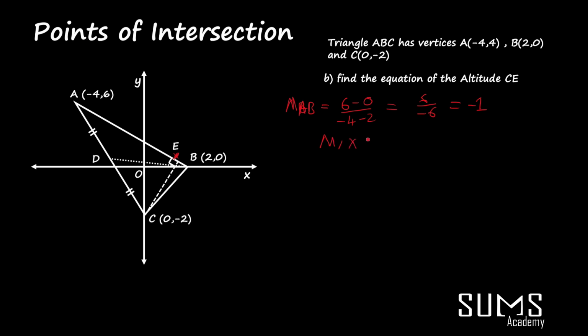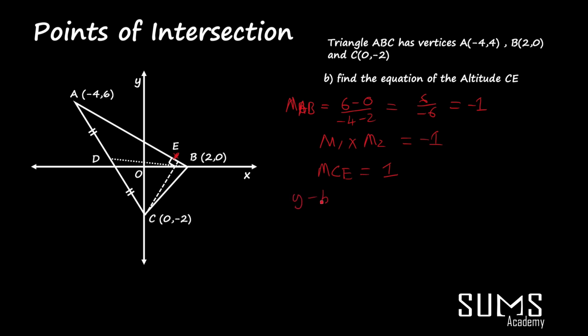All right, so if we know that m1 times m2 is equal to -1, then this might seem a little confusing. If we know this is -1, what times -1 gives -1? It's 1. So you could flip it over, 1 over 1 is 1, change the sign is 1. So our new gradient, CE, is equal to 1. And then we can just sub this back into our equation.